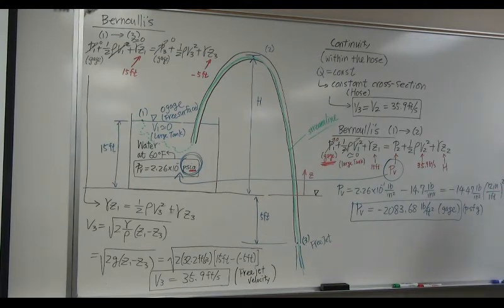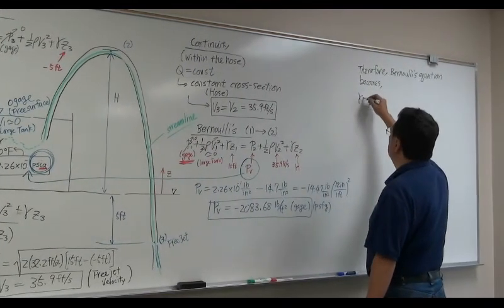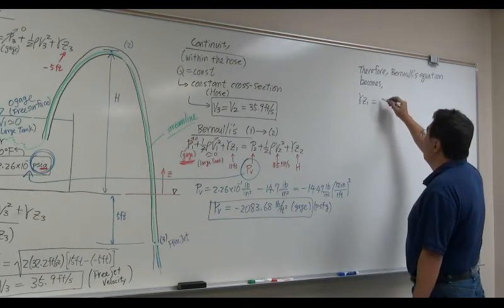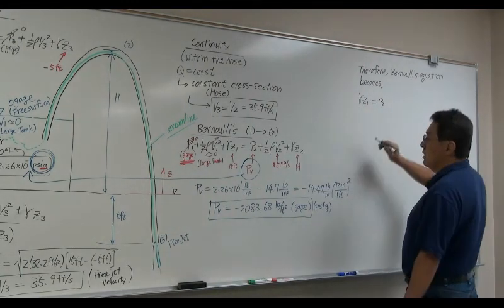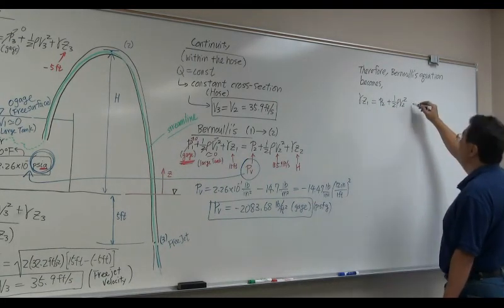So this Bernoulli's equation now becomes, this becomes 0 and 0. This is gamma times Z1, Z1 being 15 feet, right hand side. P2 being vapor pressure. One half rho V2 squared. We know V2.